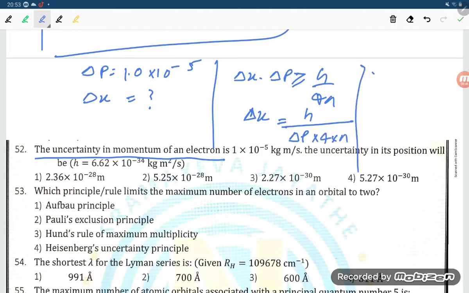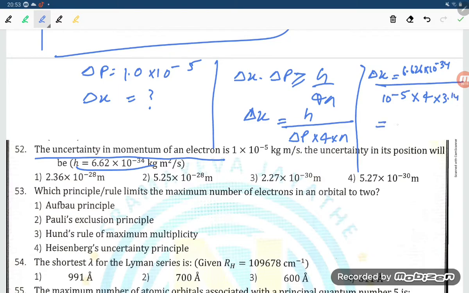So you put the values, student. We know the H value, the Planck constant is given, 6.626 into 10 power minus 34 joule second, divided by delta P, which is 1 into 10 power minus 5, multiplied by 4 into pi, with pi value 3.14.